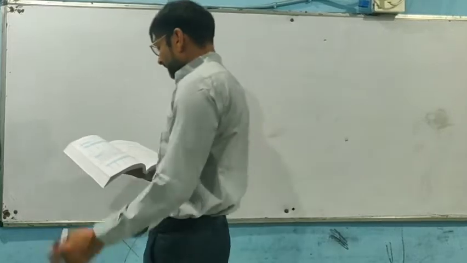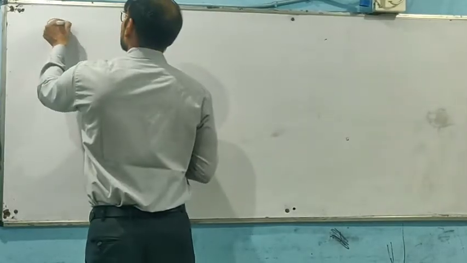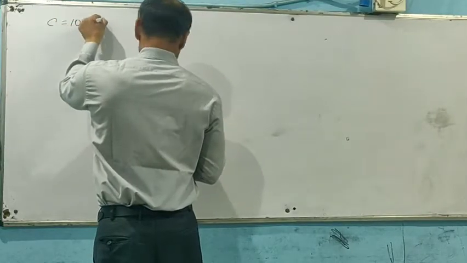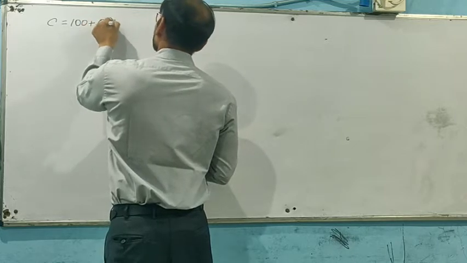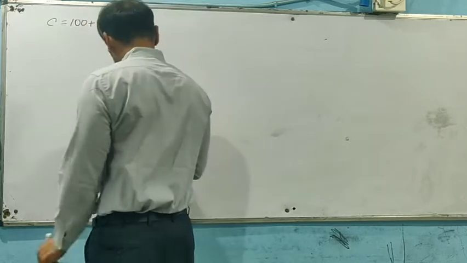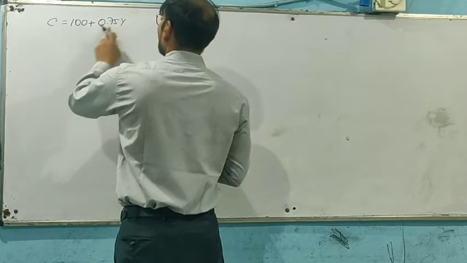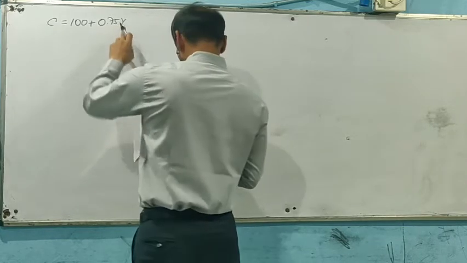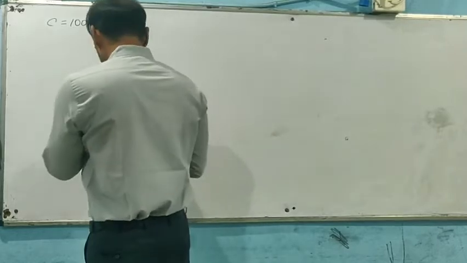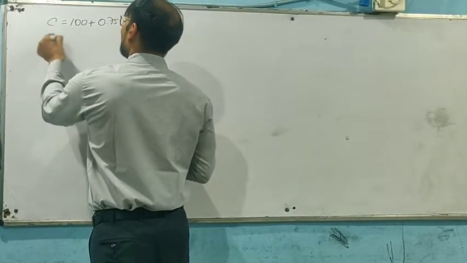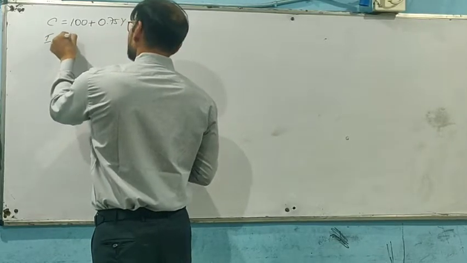So the question is very good. That is, given consumption function is C equals 100 plus 0.75Y, where C is consumption expenditure, Y is national income, and investment expenditure, say I, is rupees 1000 crore.